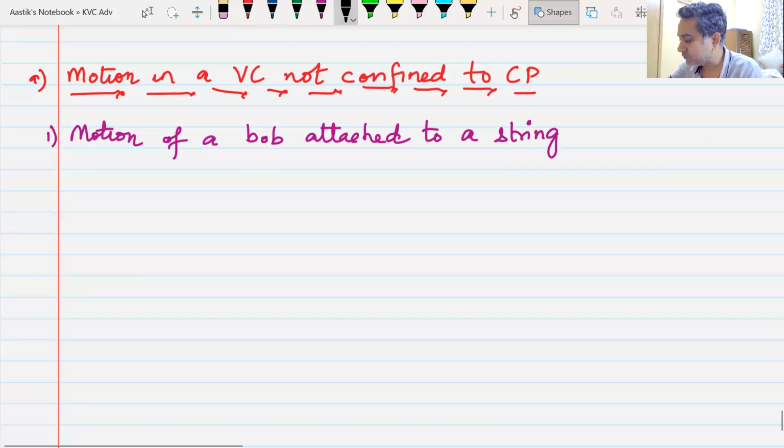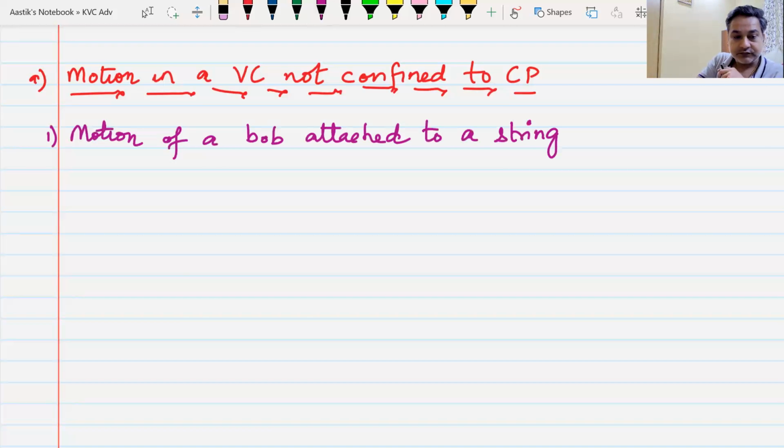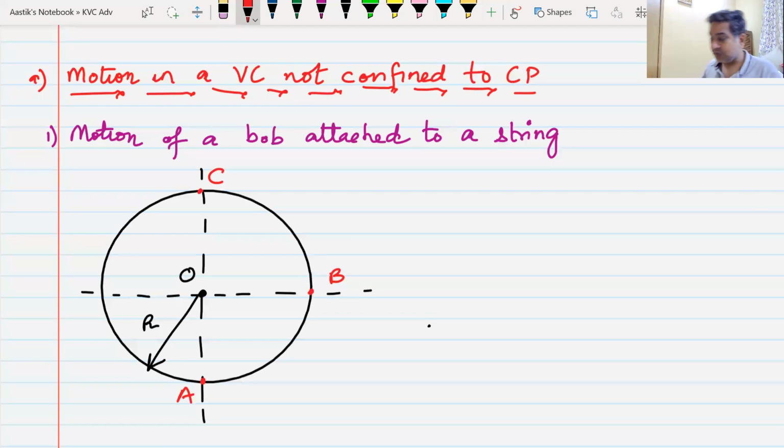The question is, why am I calling it motion not confined to the circular path?